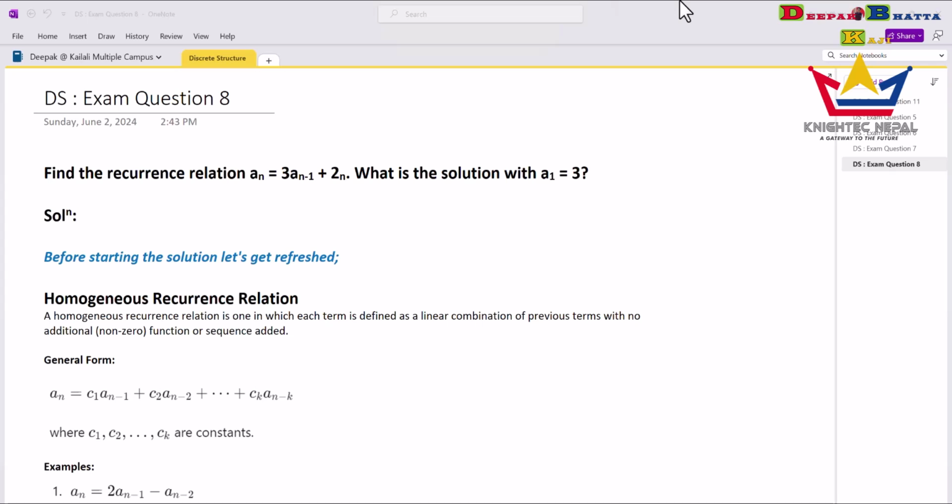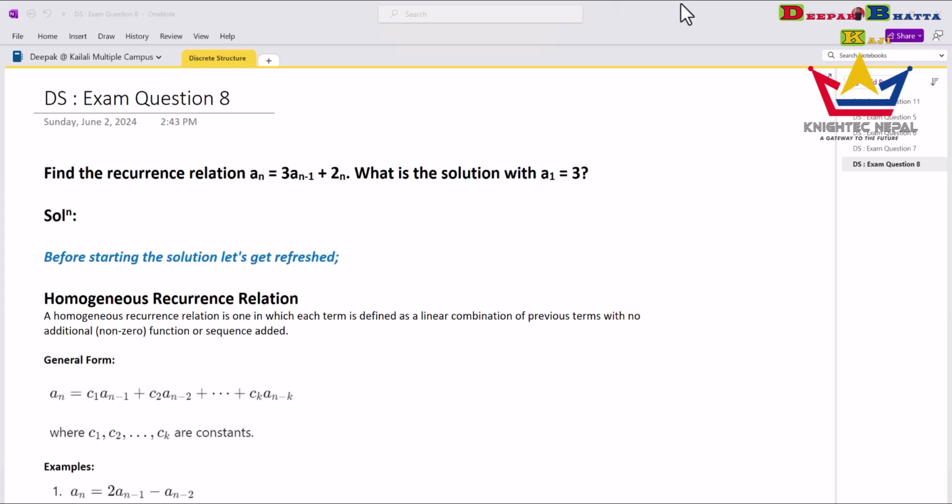So let's dive into the homogeneous recurrence relation. A homogeneous recurrence relation is one in which each term is defined as a linear combination of previous terms, with no additional non-zero function or sequence added.